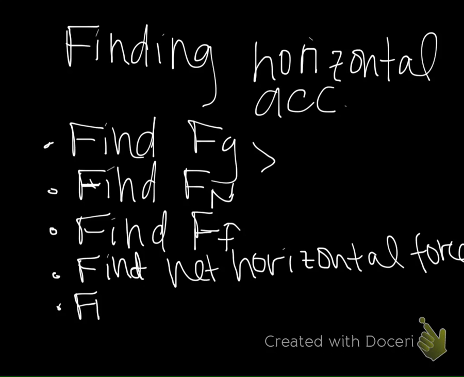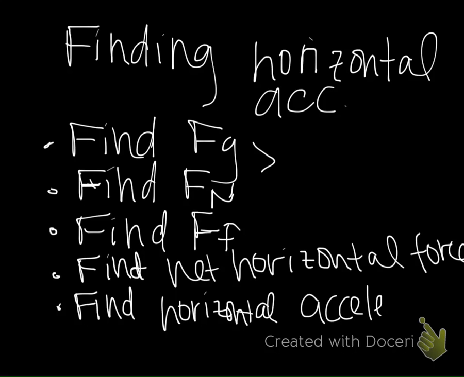Then we can find acceleration. Okay, so those are the steps that we go through. If you would like to write those down, I think that would be a good idea, but it's up to you.